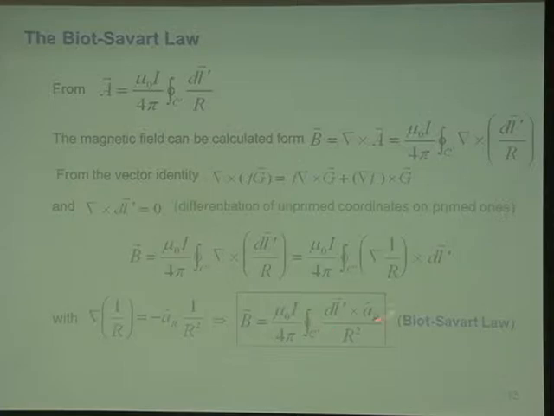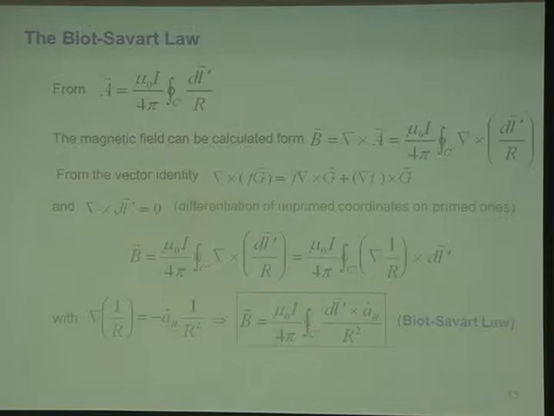Only the direction you must get right. Okay, and this R squared comes from this R squared, and this a R. Previously, you have a R crossed with dl prime, but to remove this minus sign, we reverse the order. So you have dl prime crossed with a R. Okay, you reverse the order.